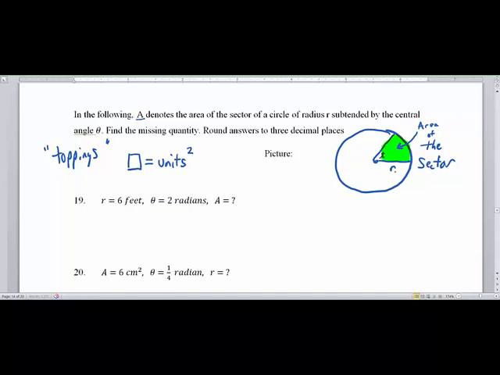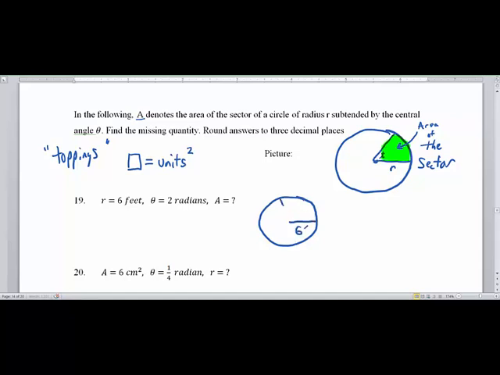So if our radius happens to be in feet, then our area is going to be in feet squared. So imagine we had a very, very big circle that was 12 feet across or 6 feet in this direction.